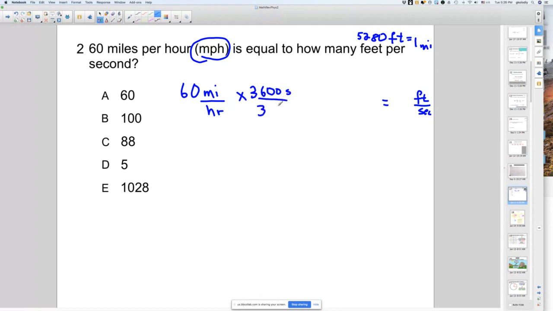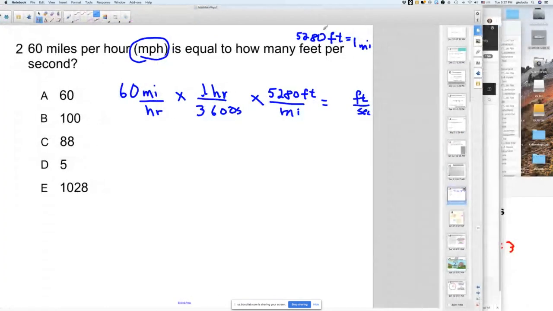Oh, the other way around, sorry. 3,600 seconds is 1 hour, and that 5,280 feet are a mile.